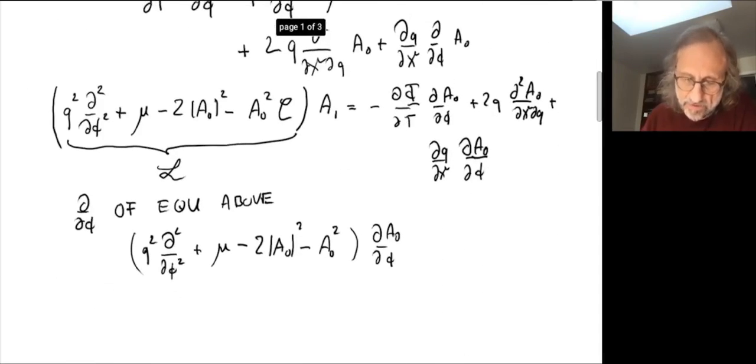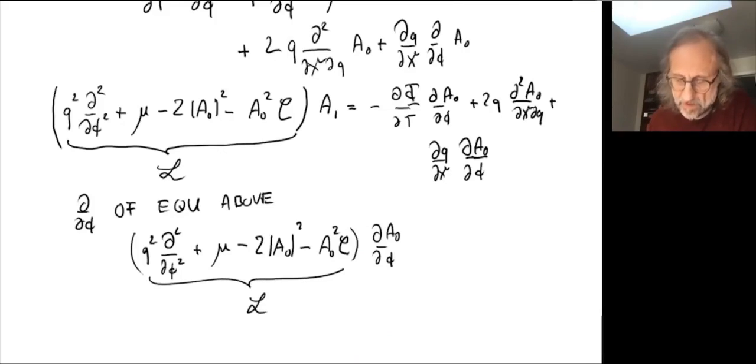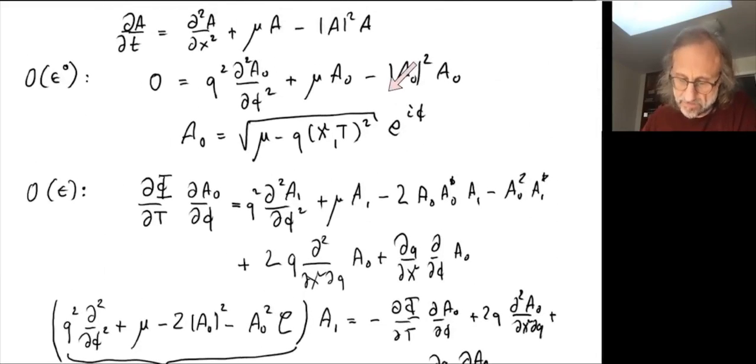I put here again my complex conjugate operator, and so this is that term. I guess maybe you saw that instantly, and I didn't have to say that much, but this is of course also L. And this whole equation here is 0, right? So this is 0.